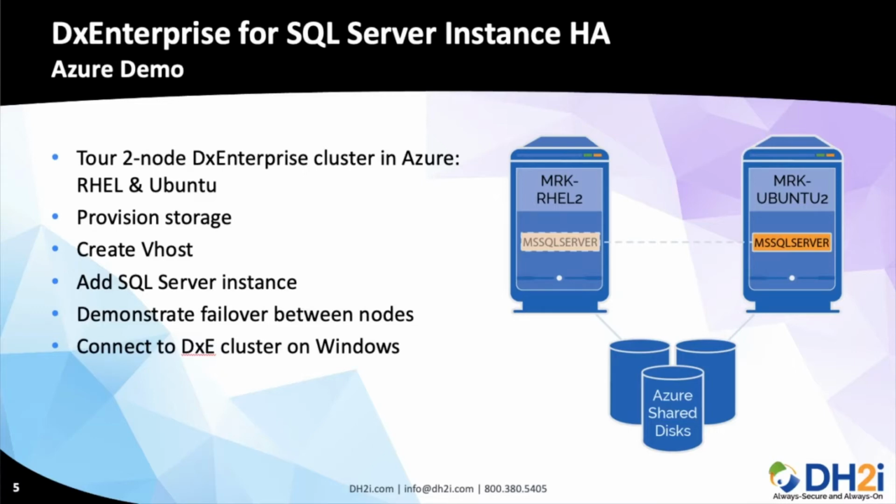We'll then add a SQL Server instance to the vhost, and then show you the process of actually failing over the instance between two different nodes. And then to wrap things up, I'm going to actually connect to a DxEnterprise cluster that's running on Windows to show you that unified management experience.